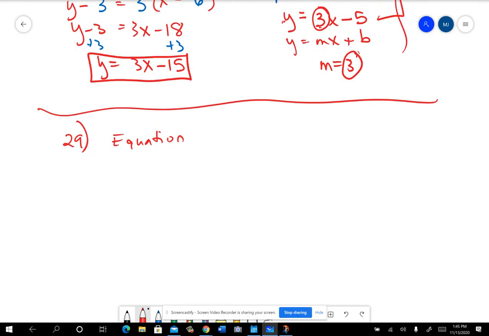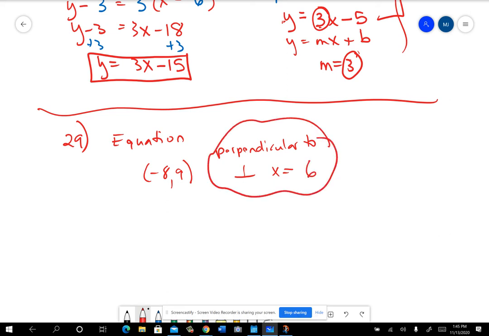All right. So 29 gives you a point, and it gives you that your line needs to be perpendicular to the line x equals 6. So you're going to use this to get the slope of the line they want.